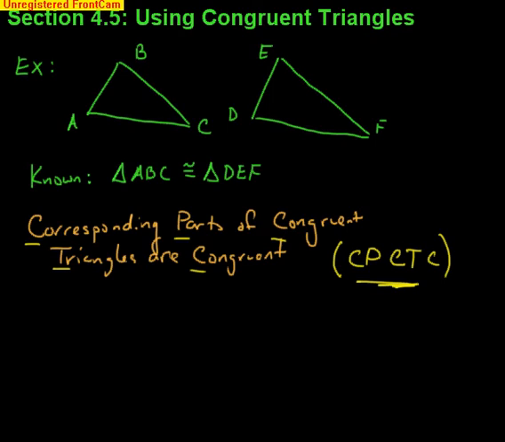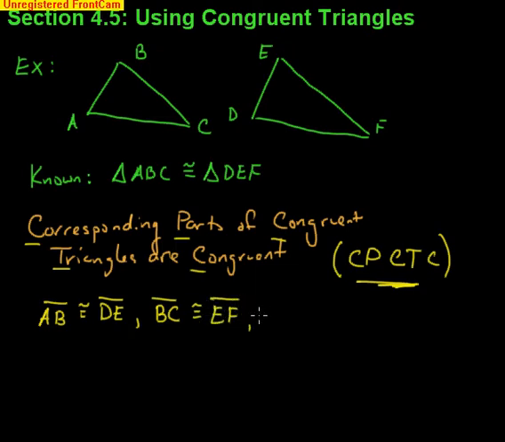Well, it means that our three sides in ABC are congruent to the three sides in DEF. And the three angles in ABC are congruent to the three angles in DEF. So we know 6 things, all right? We know that segment AB is congruent to segment DE. I know that segment BC is congruent to segment EF.